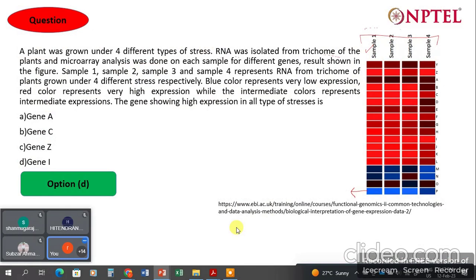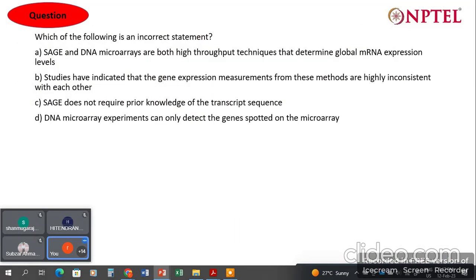Yeah. So now let's move on to the next question. So the question is, which of the following is an incorrect statement? So is my question visible? So the options are: SAGE and DNA microarrays are both high throughput techniques that determine global mRNA expression levels.